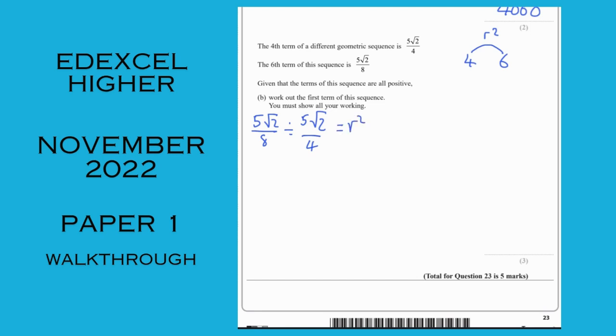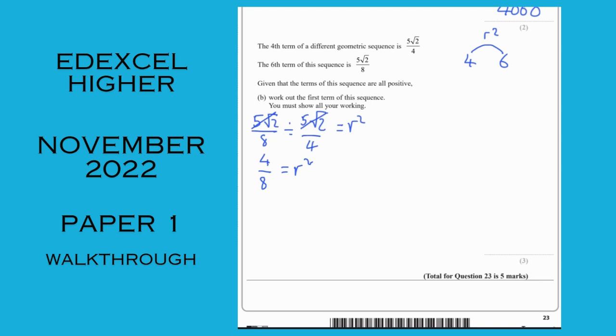Obviously, dividing means you multiply by the reciprocal. So the 5 root 2 and the 5 root 2, they basically disappear. They've gone. You're left with 8 on the bottom, and this 4 has flipped up to the top, like so.